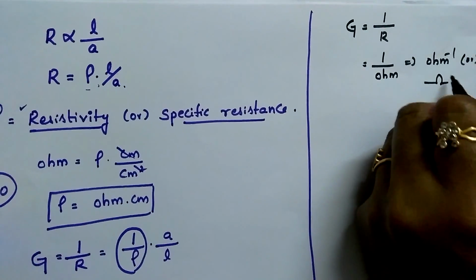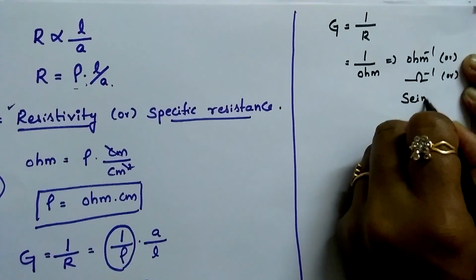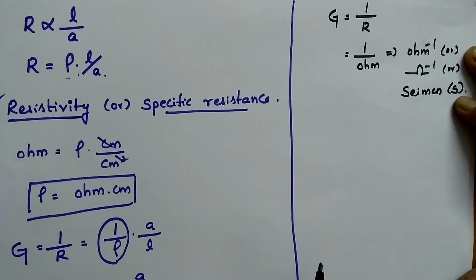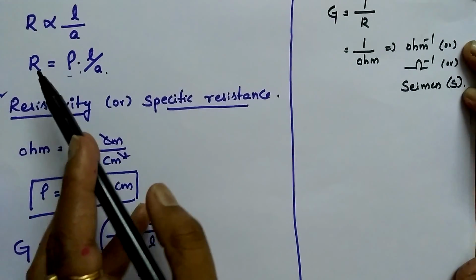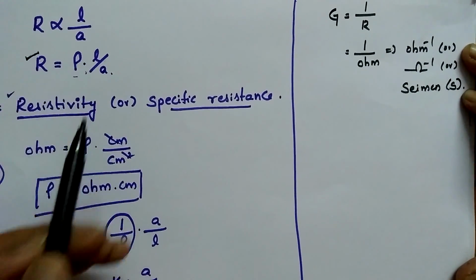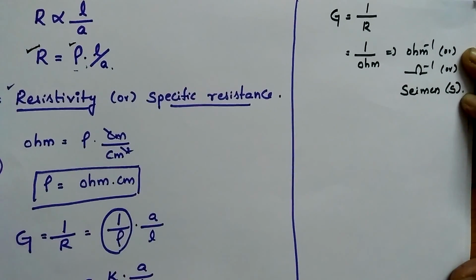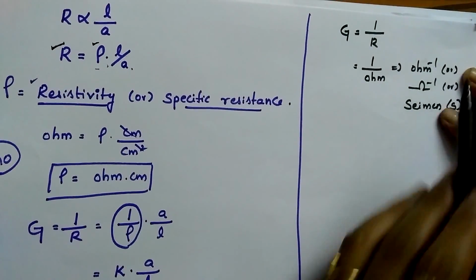We can write it like this also: ohm inverse is nothing but Siemens, denoted by the symbol S. So we discussed resistance R units ohm, rho units ohm centimeter, and conductance units, that is ohm inverse.